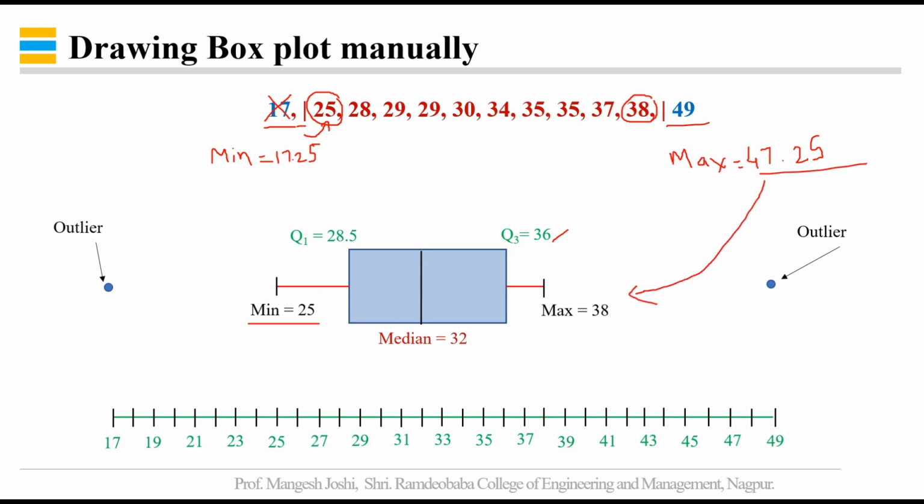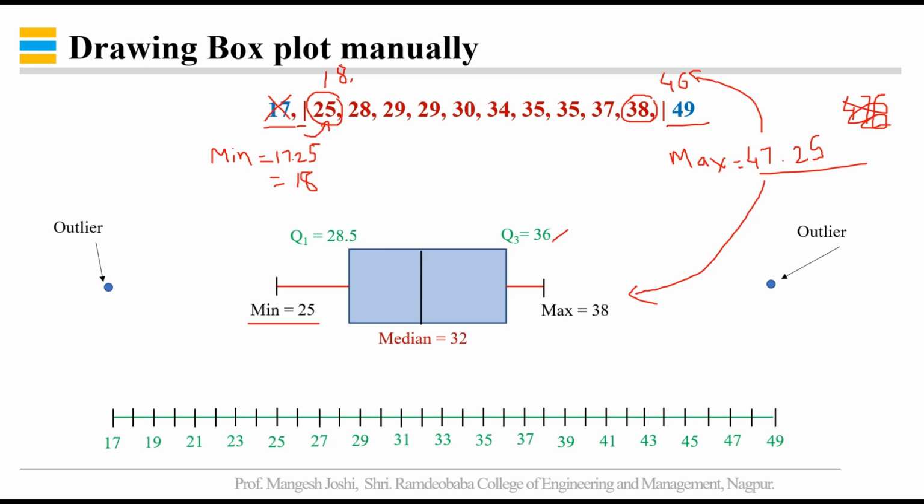Now imagine a case where you are having a value of say 18 in the data set, that is 18, 25, 28. In that case, your minimum will be shifted to 18 and not 25. Similarly, suppose you are having a value of say 46 here, right? Then your maximum value will get shifted to 46, and not 38.